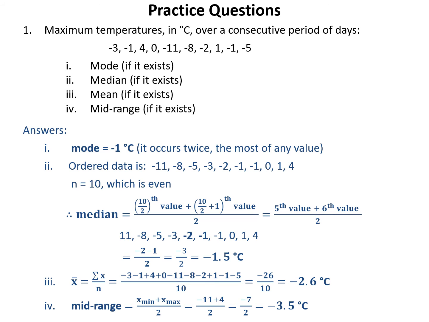Next, to look at the median, we want to start by ordering the data. So we can order it in either increasing or decreasing direction. As a general rule here, we'll put it into increasing order.